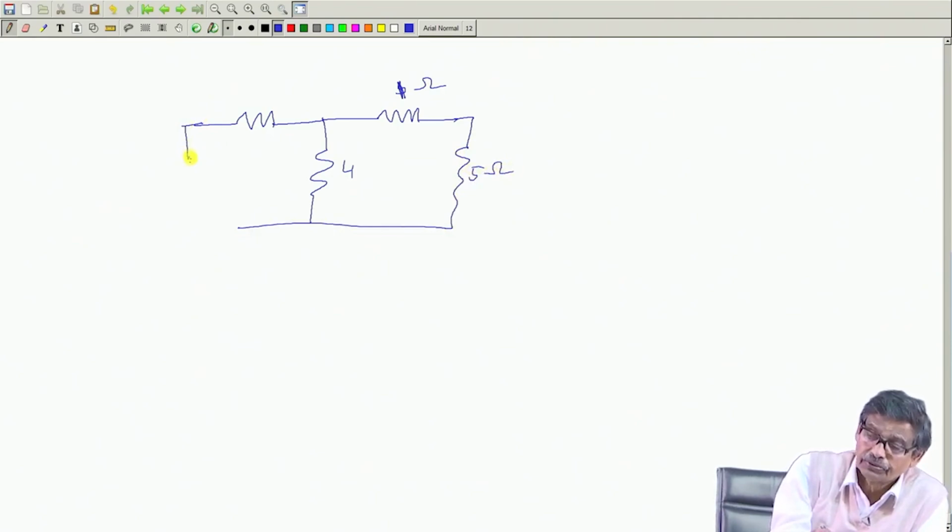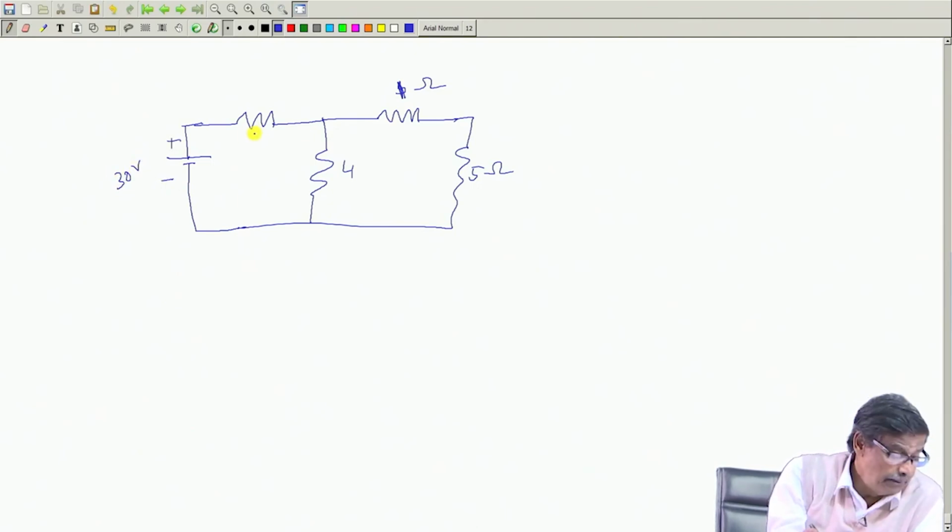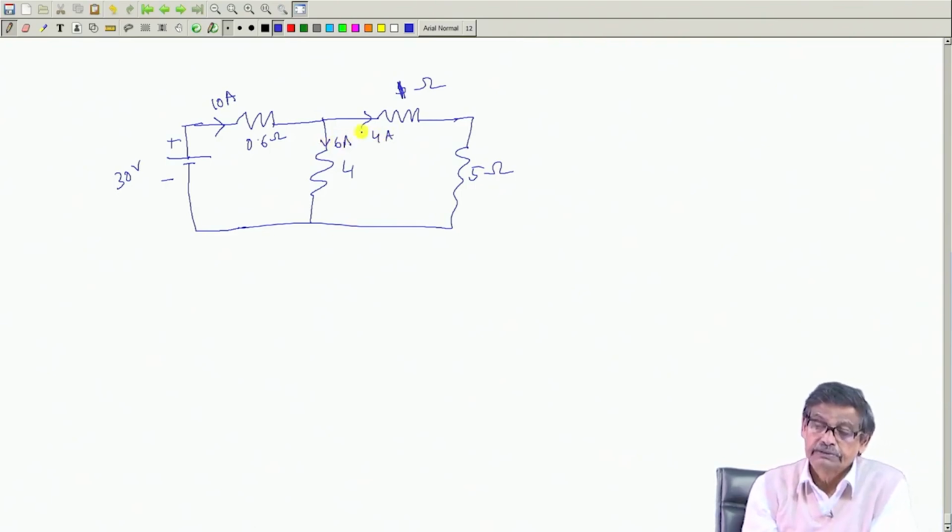Here is only one source, that was 30 volt. And we have already solved this circuit. This is 0.6 ohm. The currents were known to be 10 ampere here, 4 ampere, and this was 6 ampere. We know this.